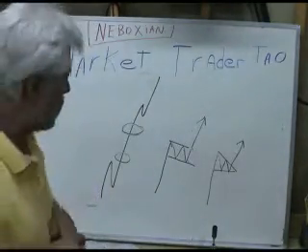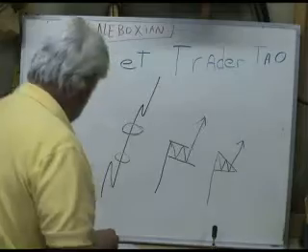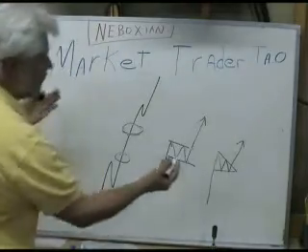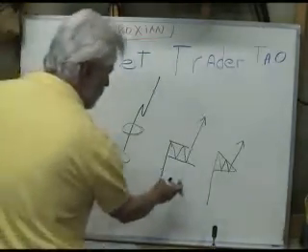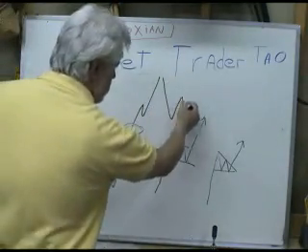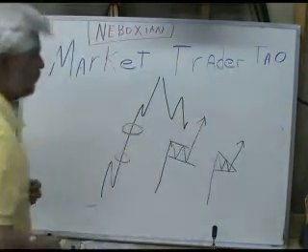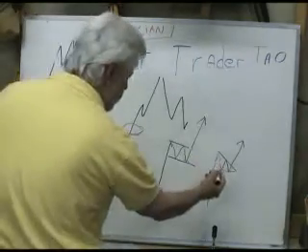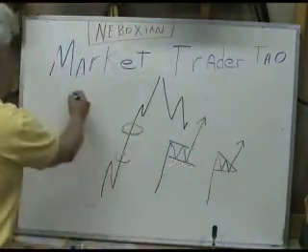Now, there's not a whole lot to say about these other than you'll find them in a lot of different locations, but when you do see a pennant going in the other direction, they'll look very similar to this.